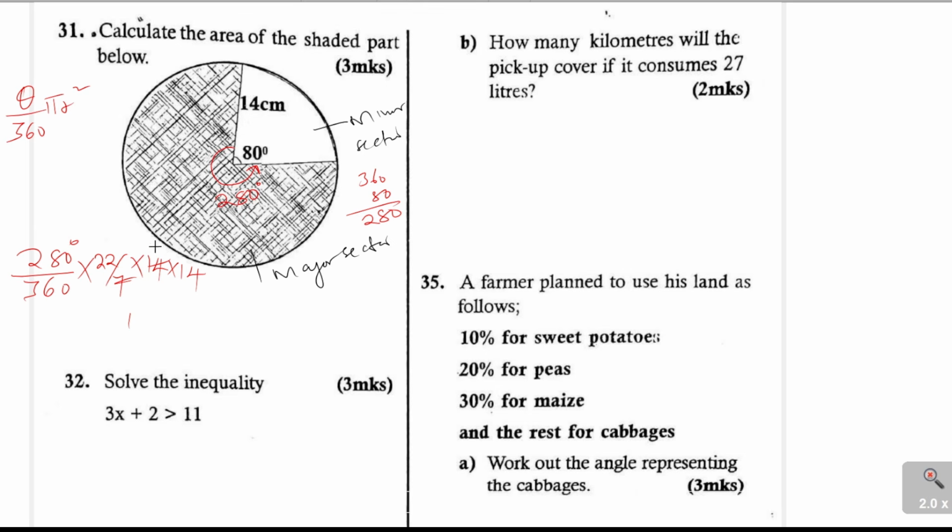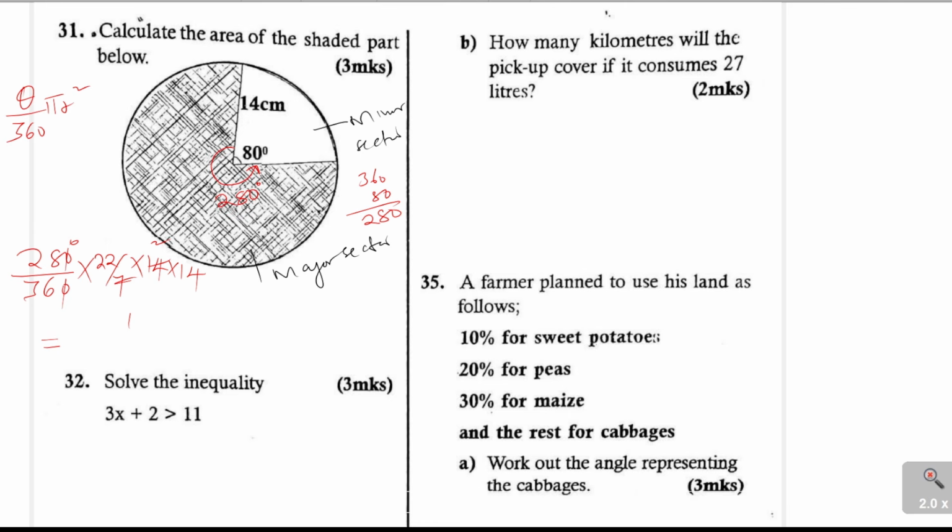You can use the calculator directly, or you can just simplify. So I take 280, and this is 28, multiply by 22, multiply by 2 times 14, that is 28.